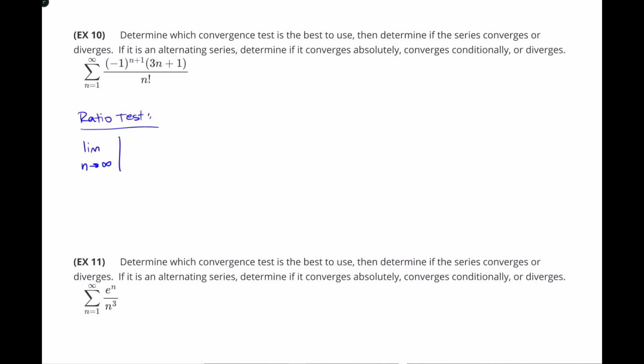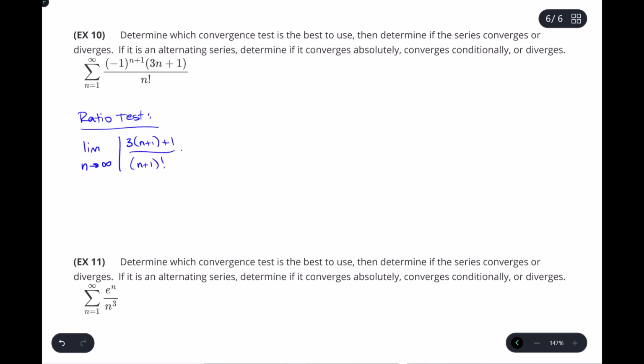But the absolute value is going to make every term positive, so I don't actually need to include the -1 to the n plus 1 term. So I'm going to make this 3 times n plus 1 over n plus 1 factorial times the inverse of that, which would be n factorial over 3n plus 1.